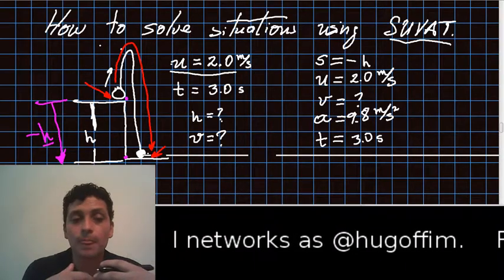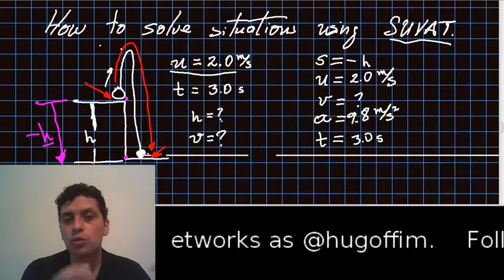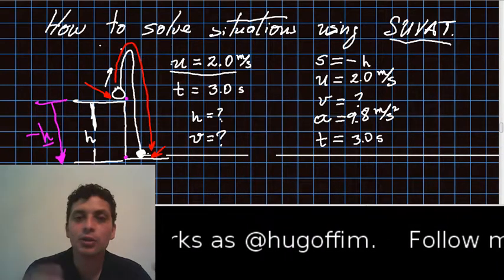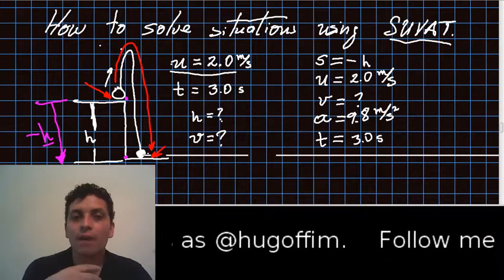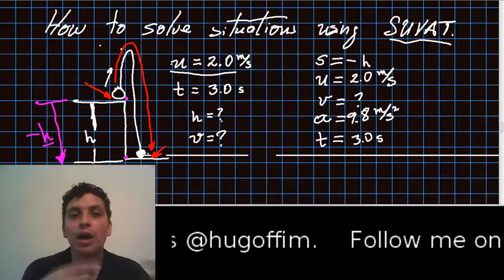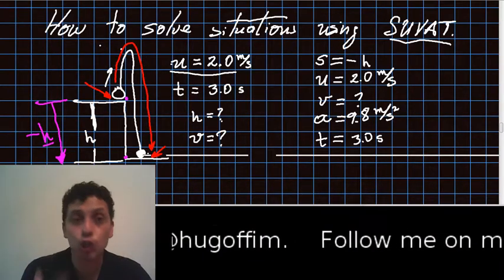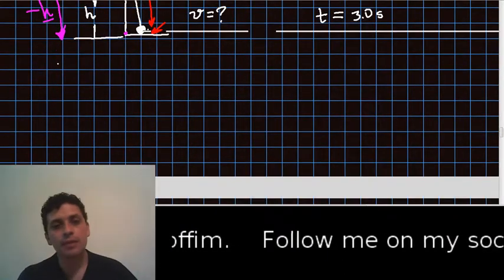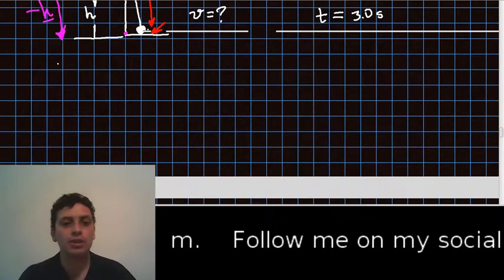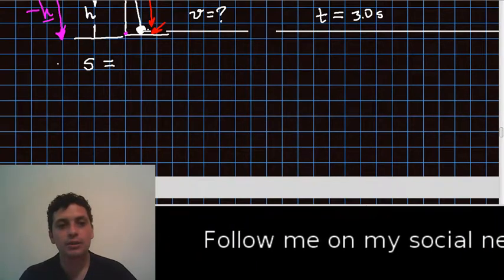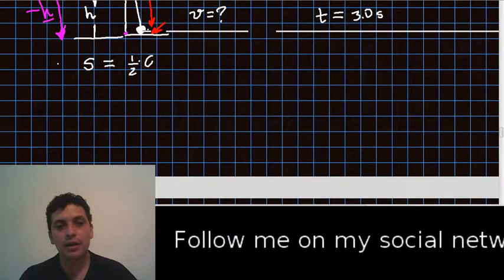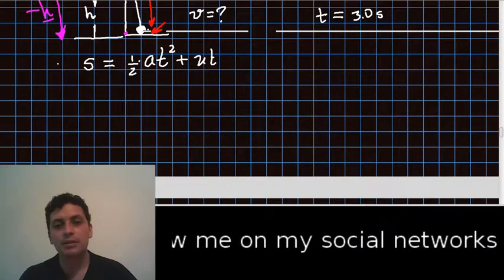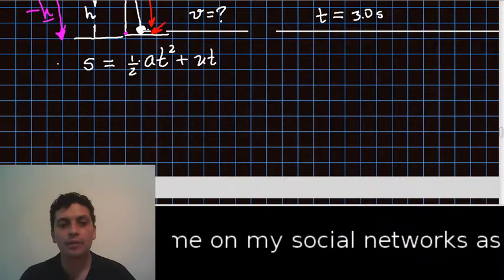Now what I recommend is for you to have a table of the Suvat equations, and using this table, try to find out which equations you can use in order to solve the problem. So I'm going to write the Suvat equations. The first is s equals one half of acceleration t squared plus initial velocity times time.